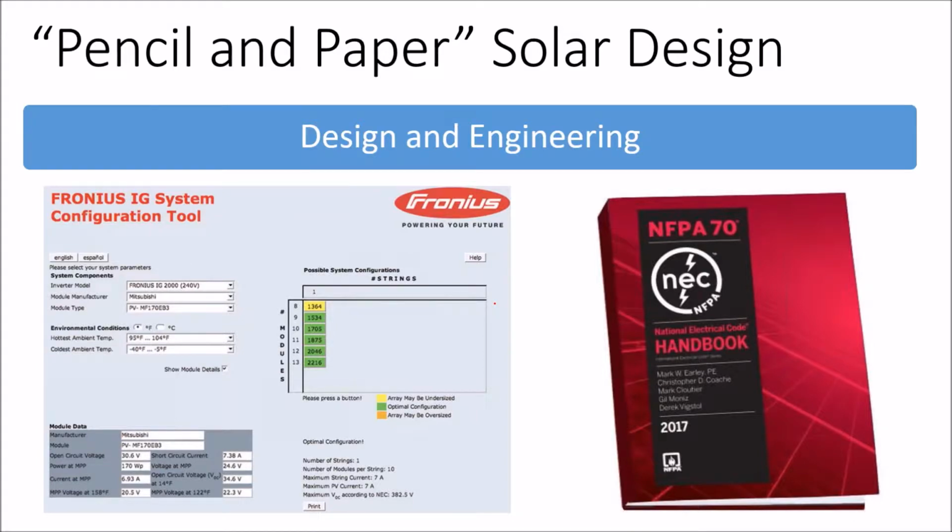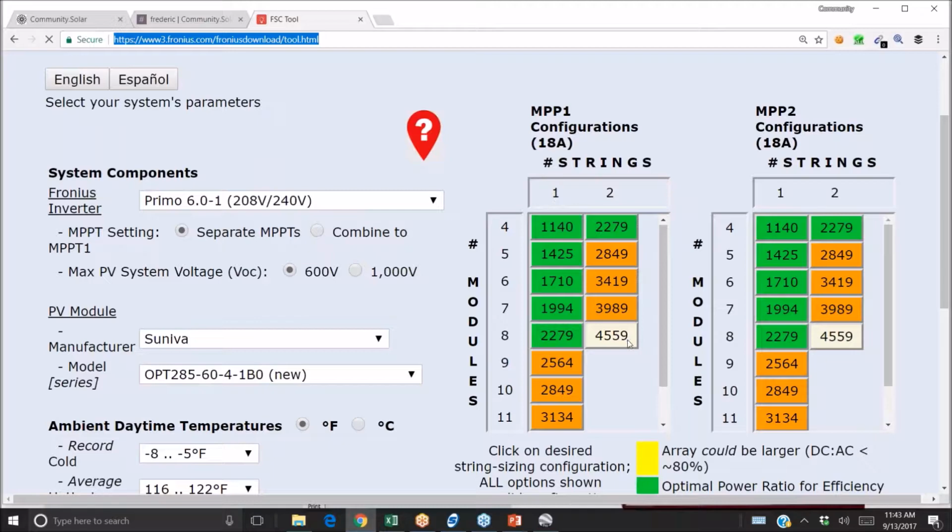It may be that, in this design example, you can fit 30 modules on the rooftop. And so I would be doing 2 strings of 7, that would be 14, and then 2 strings of 8, that would be 16. And so I can fit my 30 modules.